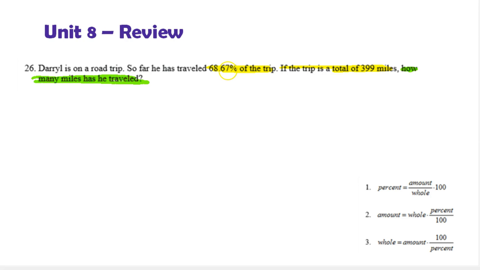Clearly this is the percent, and right after the percent it says of the trip. So the trip is going to be our whole. If the trip is a total of 399 miles, this is our whole.